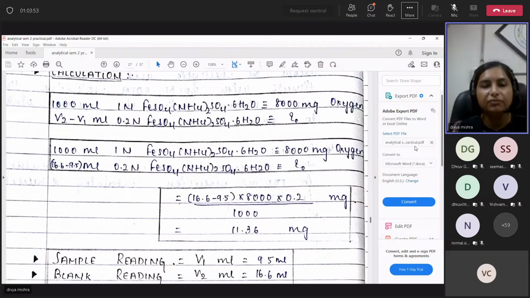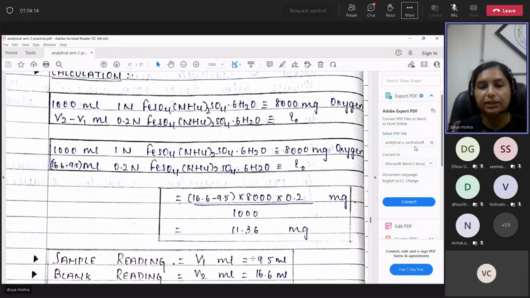For V2, this will be around 16.6 ml of the sodium thiosulfate, because there the potassium dichromate will not be utilized, since there is no chemical substance present for oxidation.